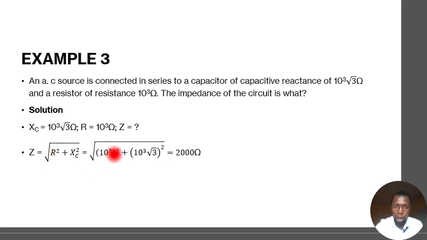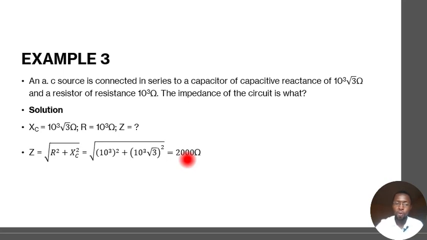We have 10 to the power 3, all squared, plus our capacitive reactance, 10 to the power 3 root 3, all squared. When you simplify this, picking up the calculator and looking for the square root, we have our impedance to be 2000 ohms.